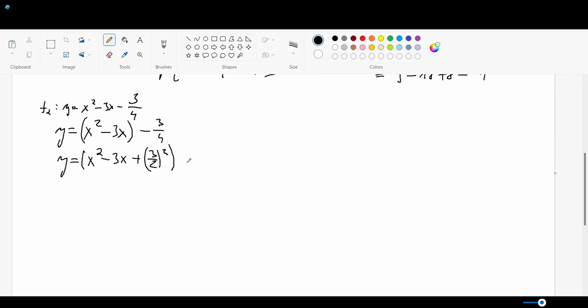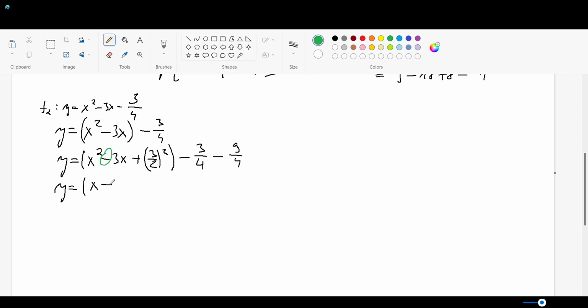Take away 3 over 4, and as we added this number here, we have to take away the same number, which in this case is 3 over 2 squared, and it is 9 over 4.